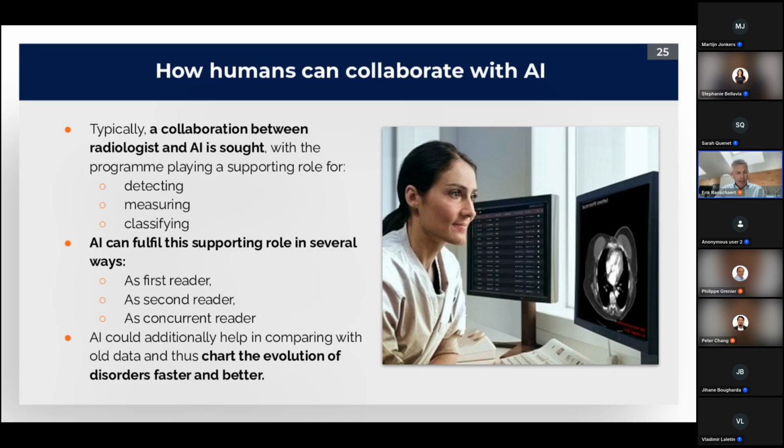The AI can fulfill this supporting role in several ways. It can do this as a first reader, and this is certainly the case in the context of screening. It could also work as a second reader or as a concurrent reader. And AI could additionally help in comparing with old data and thus chart the evolution of disorders faster and better. Next slide.